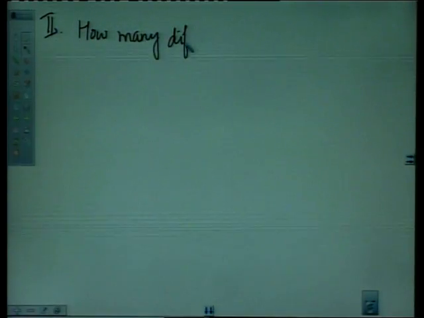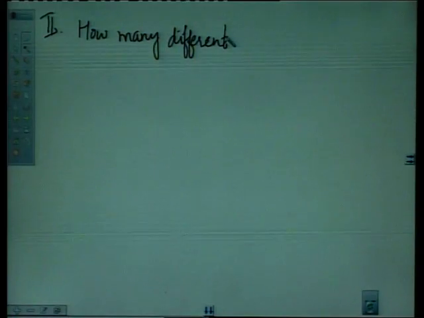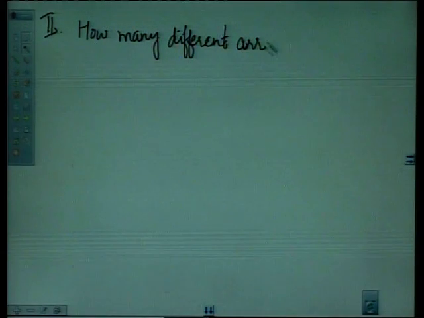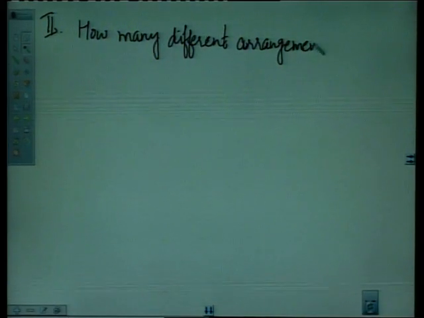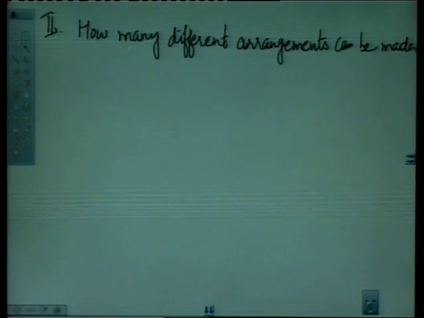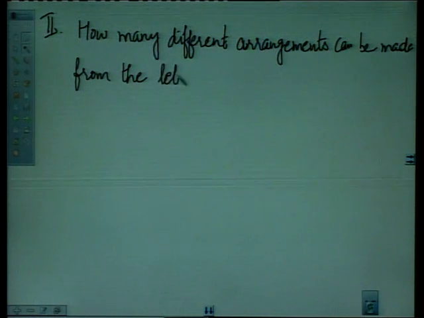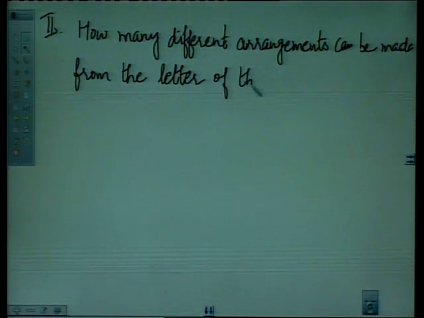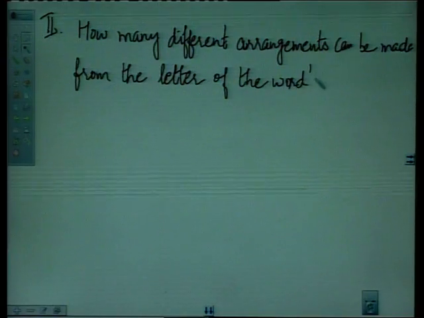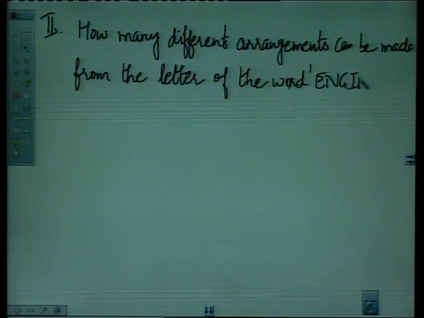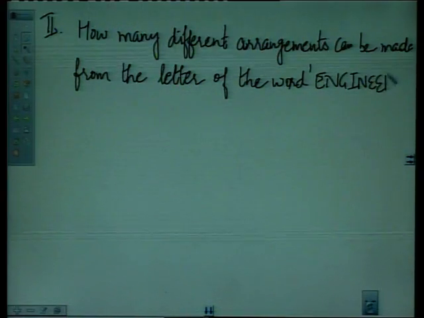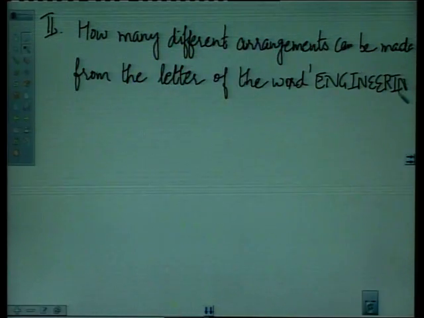Statement: write down how many different arrangements can be made from the letters of the word ENGINEERING.